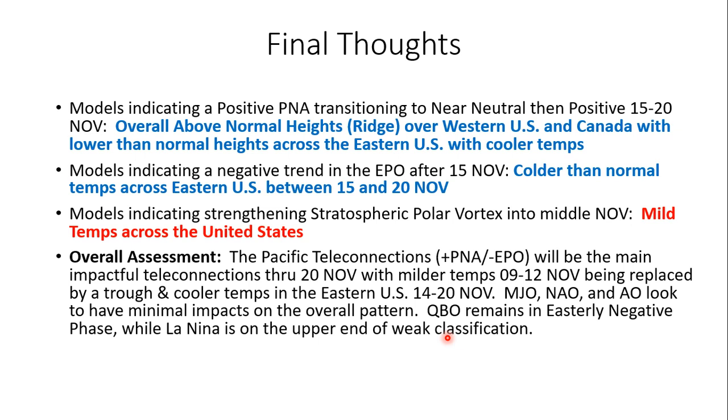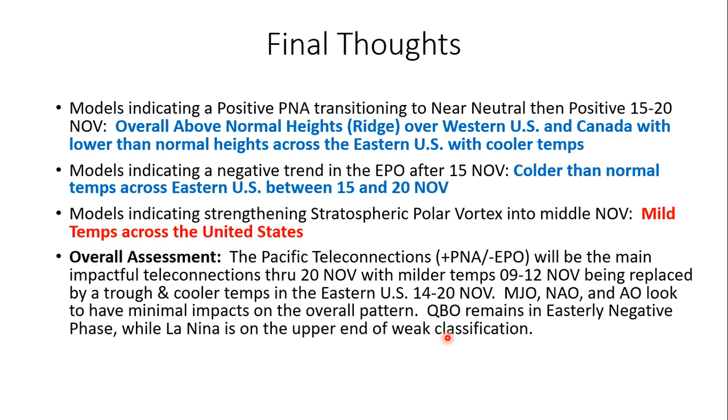So the overall assessment, and tonight to conclude the video, the Pacific teleconnections: I really believe the positive PNA beyond mid-November and that negative EPO beyond mid-November will be the main impactful teleconnections. So the Pacific side is definitely the dominant side for teleconnections through the 20th of November.